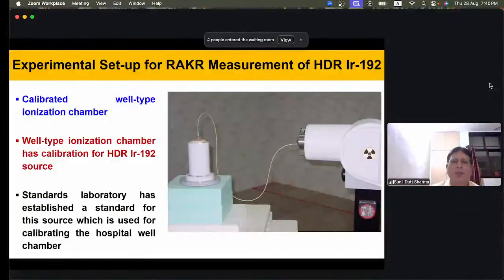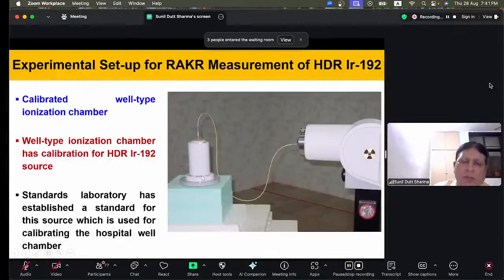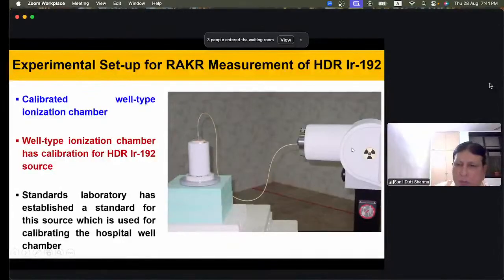Now this is a practical situation. I am taking an example of measuring the source strength of an SDR iridium-192 brachytherapy source. Now you see, this is the SDS chamber supplied by the supplier of the remote afterloading brachytherapy unit.